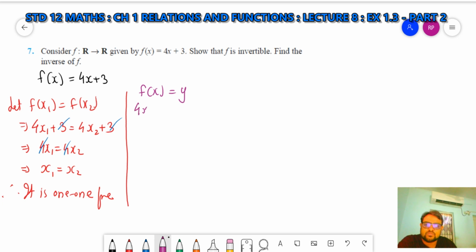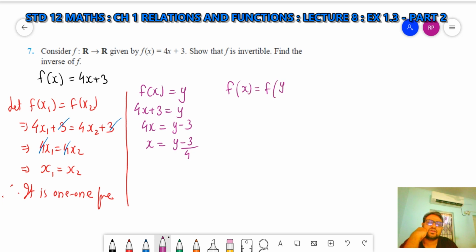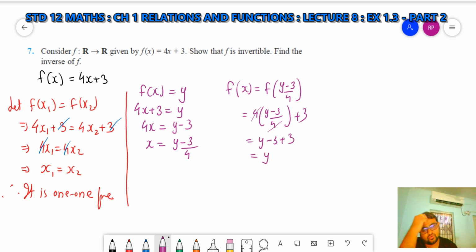So 4x + 3 = y, 4x = y - 3, and x = (y - 3)/4. Now I will take f(x), that is f of (y - 3)/4. So 4x + 3 becomes 4 times (y - 3)/4 plus 3. The 4 gets cancelled. y - 3 + 3 is equal to y.